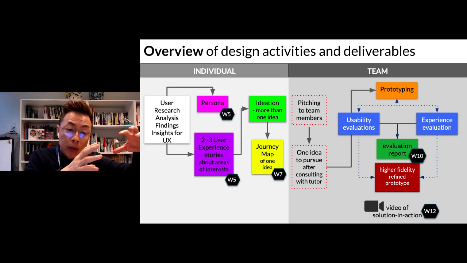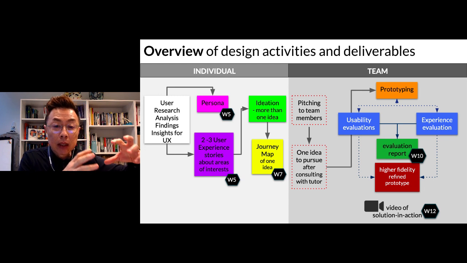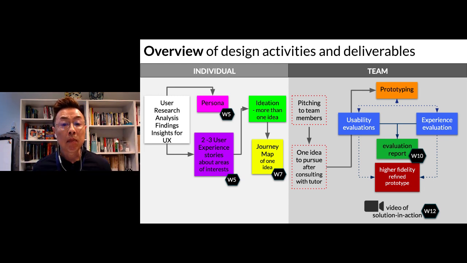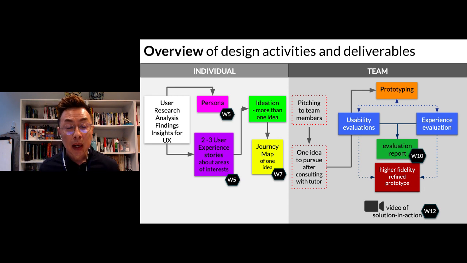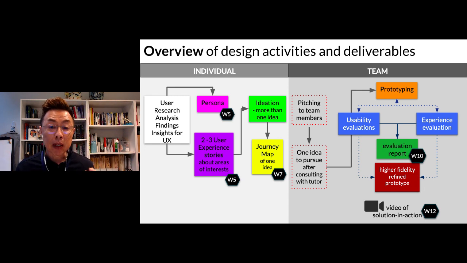Then you bring that journey map and your idea to pitch to your team members, okay, when you start forming your team. And the team members, after consulting with the tutor, will then decide on the one idea.